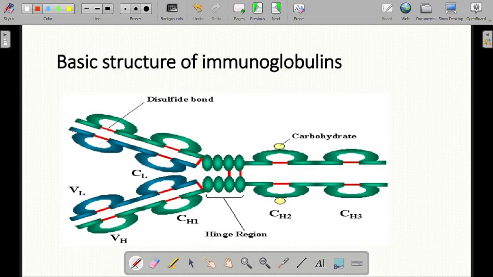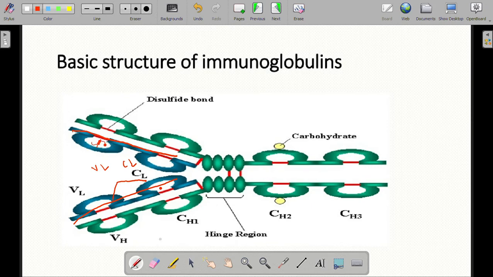This is the light chain, and it contains a variable region and a constant region. The variable region has one disulfide bond, and the constant region also contains one disulfide bond, and these are called domains. Similarly, the other light chain also contains one variable region and one constant region, and here also disulfide bonds are present.